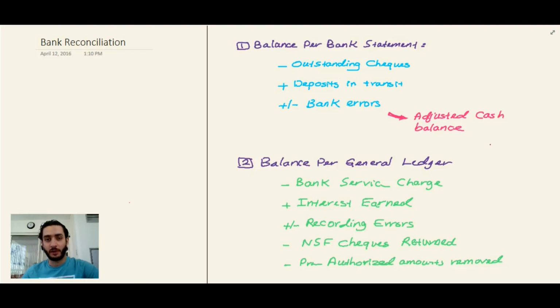So if we gave our customers any check and this check has been returned because of non-sufficient funds, we have to deduct this check from our general ledger. Any pre-authorized amounts removed from the bank account, we have to deduct in our general ledger.